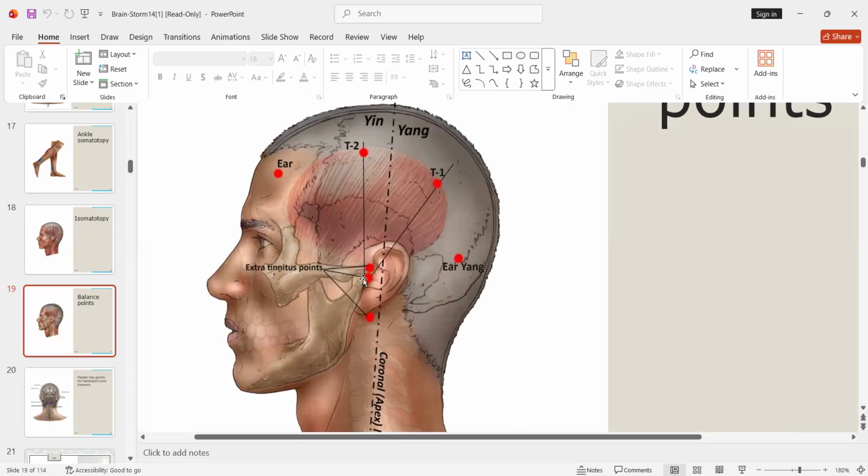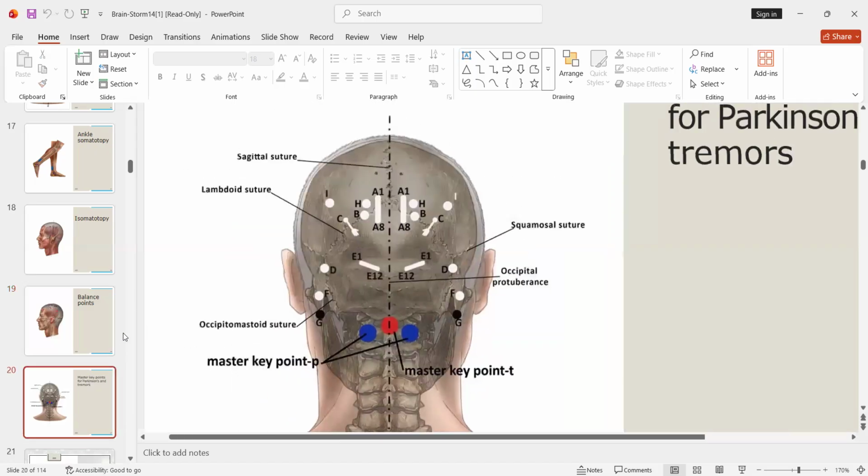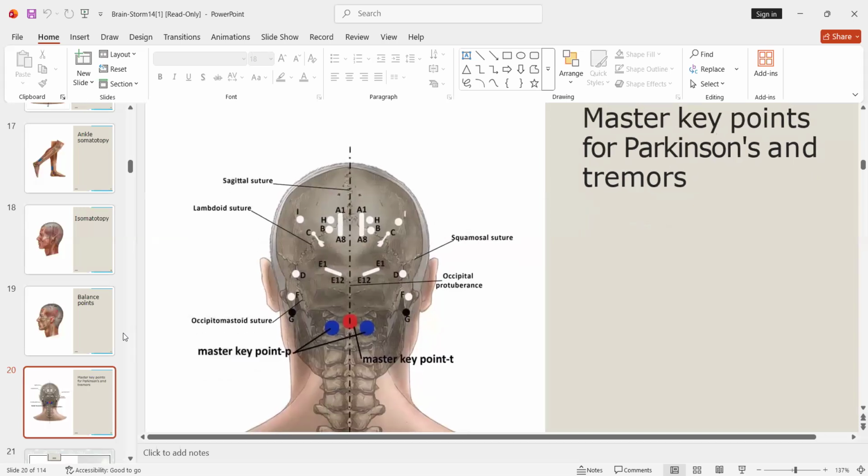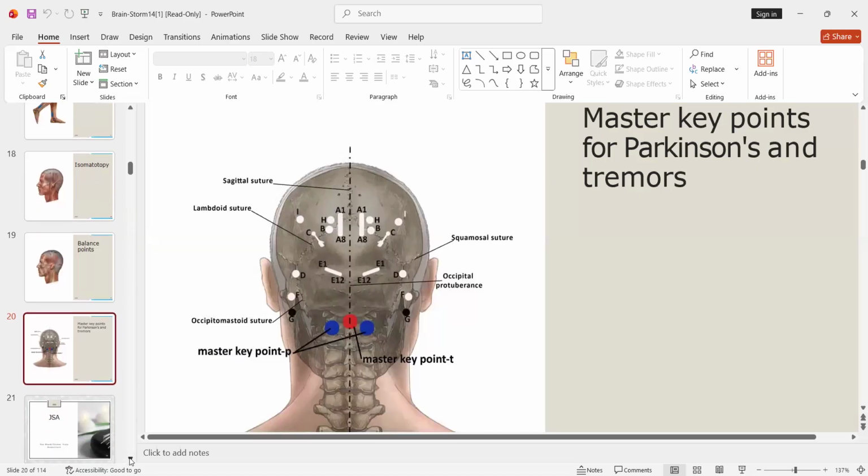Then go for next. In this picture, you can see all the points. Master key point.